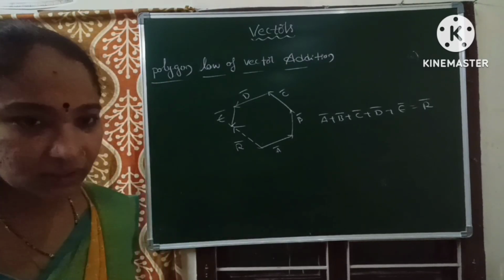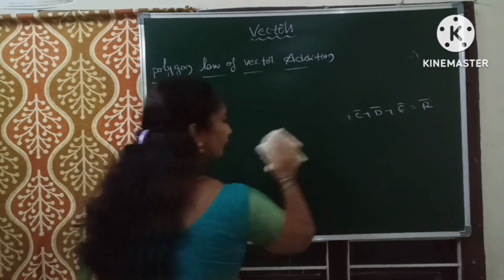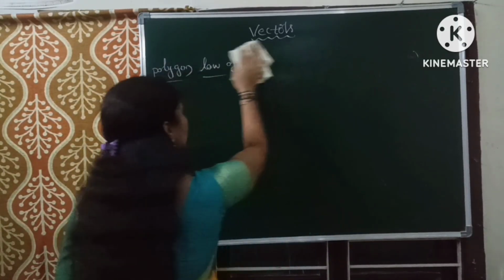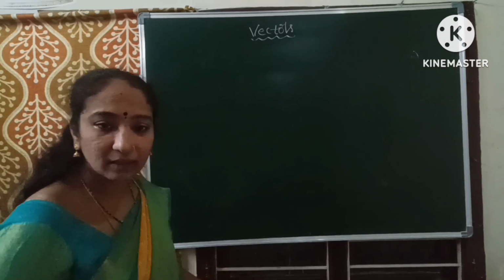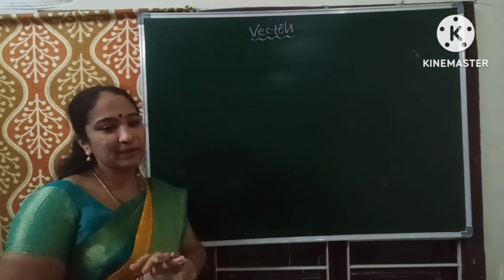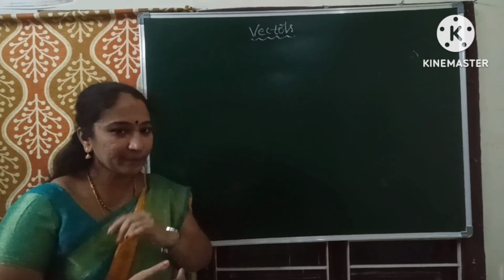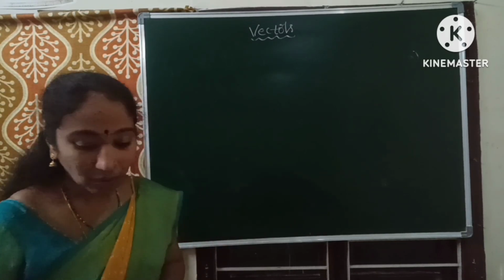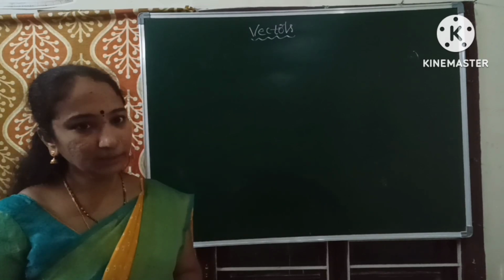So this is about the different methods to find the addition of vectors. These are all graphical representations of vector addition. Now the analytical method. What does the analytical method mean?